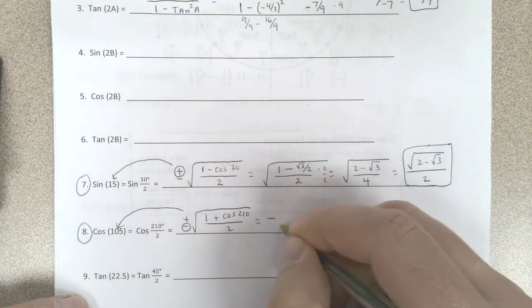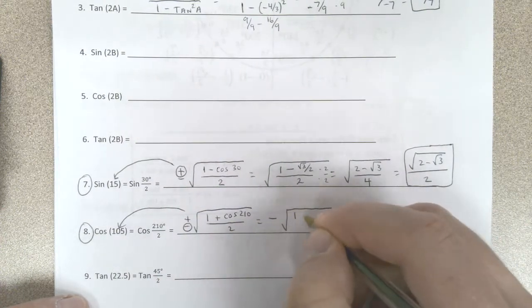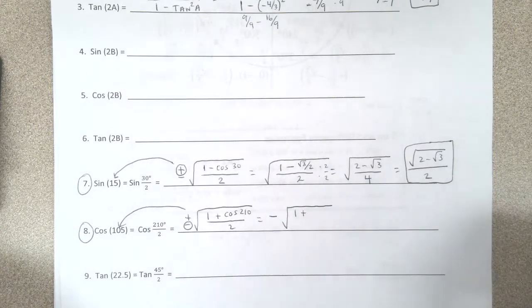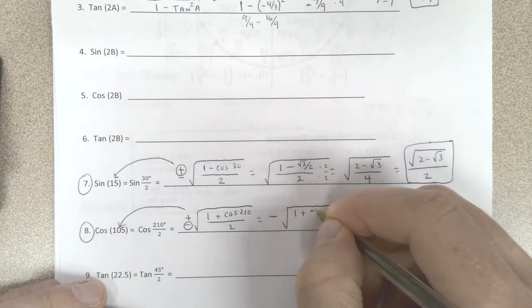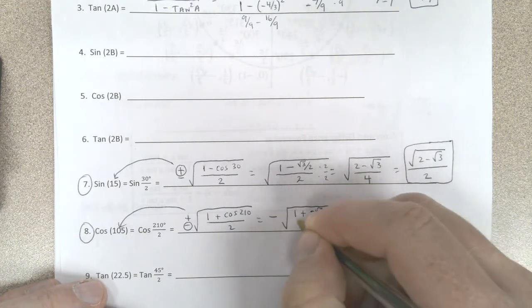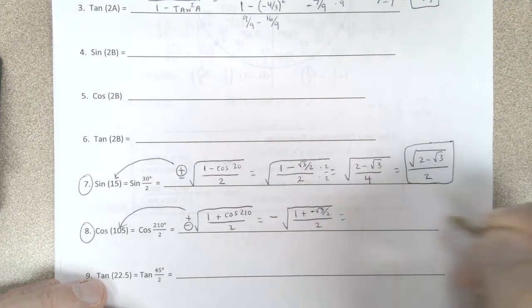So we're going to keep the negative on this one. 1 plus, we know that the cosine of 210 is in the third quadrant, and that's going to be a negative radical 3 over 2. And then on the bottom, then we've got 2.